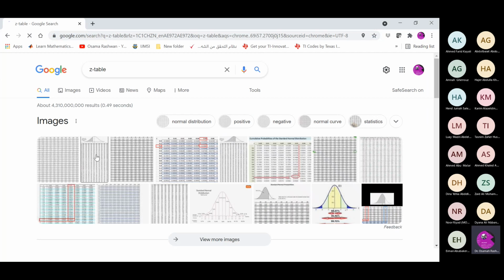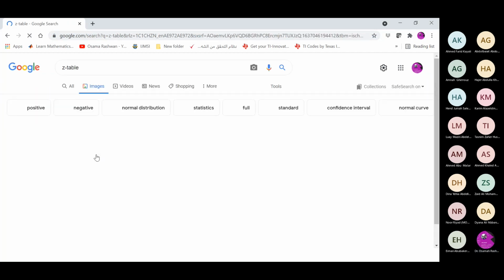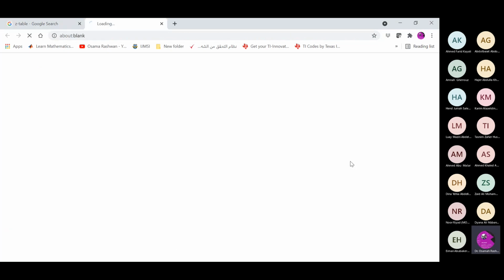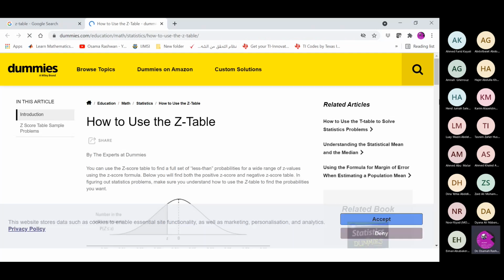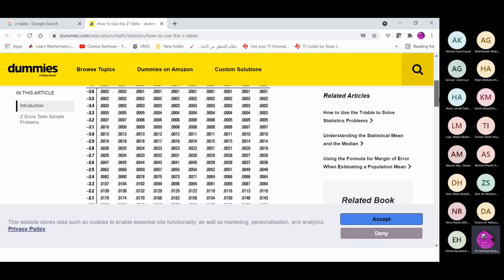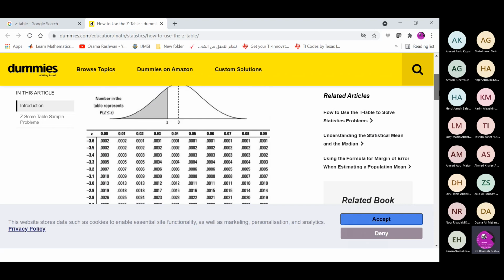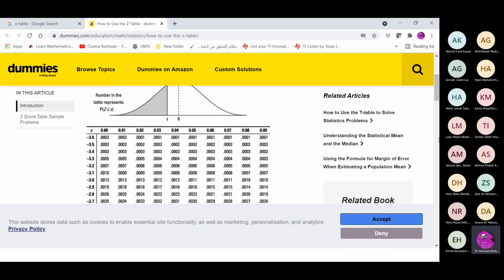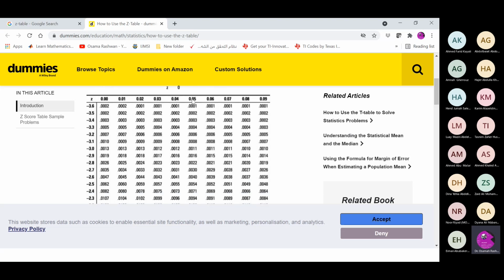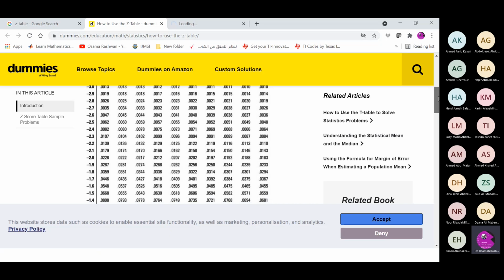If you go to the Z table, this is the negative one. I'm given alpha of 10%, so alpha over 2 is 5%. So this is the 5% I'm given, right? So I'll go for Z at 5%. Do you see the 5% here? So this is the one you are looking for.